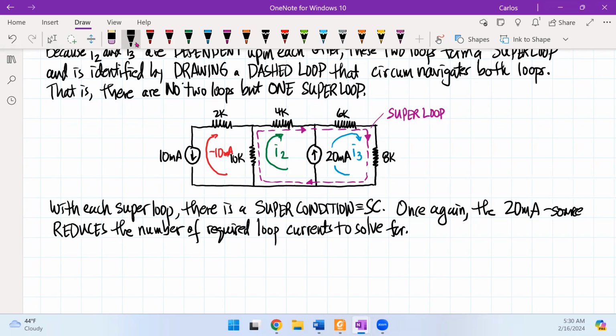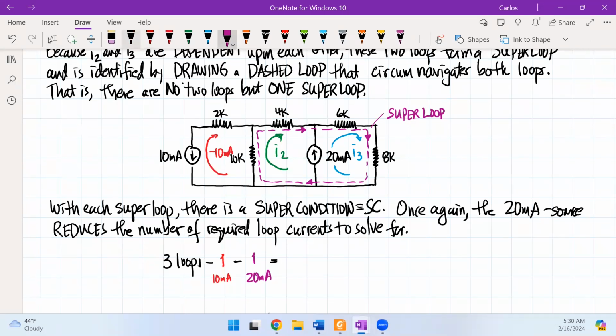So then if I put this all together, here's what we find. We have 3 loops in our counting scheme. We have 1 loop, and this was the 10 milliamp. And now we have a second current source, which is the 20.